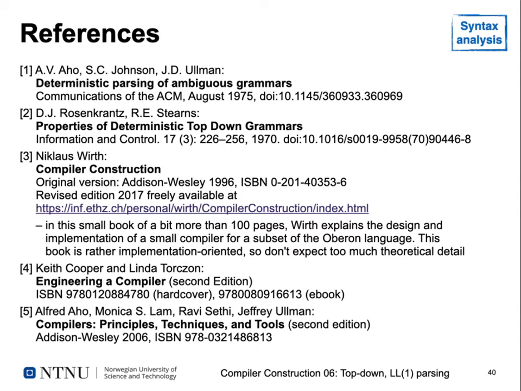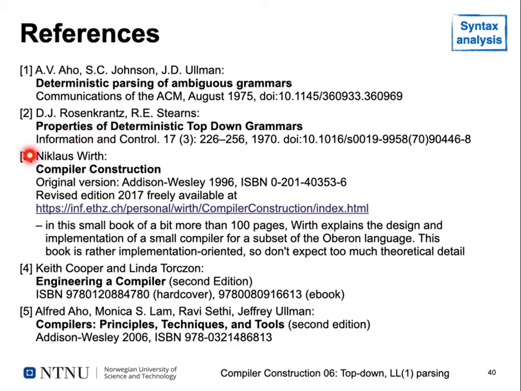So here's a list of references for this lecture. If you want to dig deeper, you're always welcome to do this. So Aho and Ullman, two of the authors of this Dragon Compilers book, wrote a paper on deterministic parsing of ambiguous grammars already in 1975. There's a paper on properties of deterministic top-down grammars, which is even older.